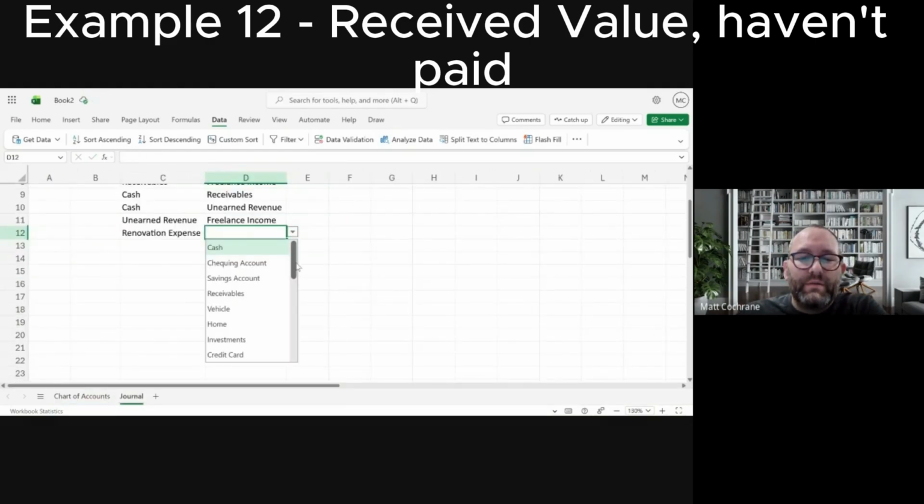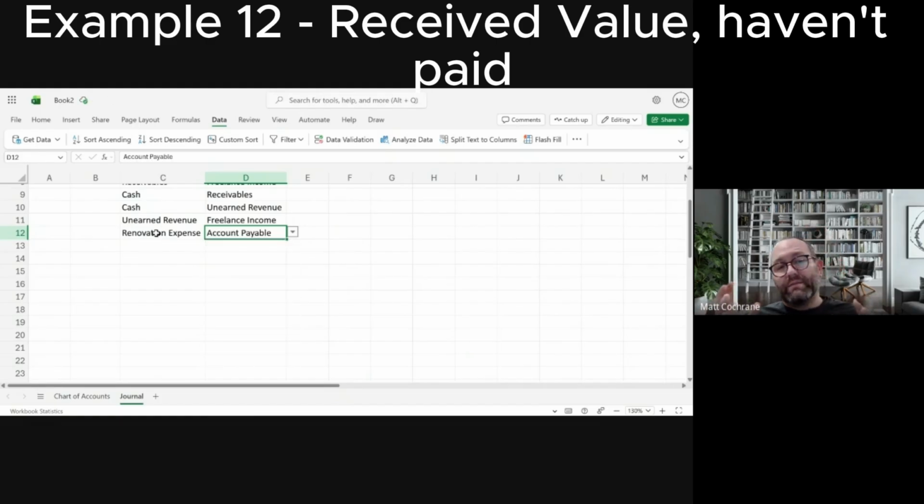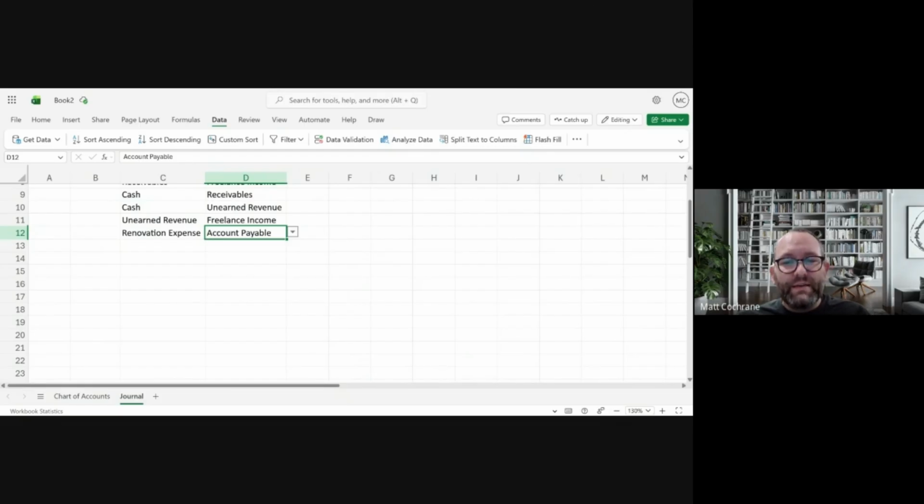Okay, so we select this from our menu, accounts payable. So again, we're making a record that we've incurred the expense. We have not paid for it yet, but there will come a time that we pay for it, and that time is right now.